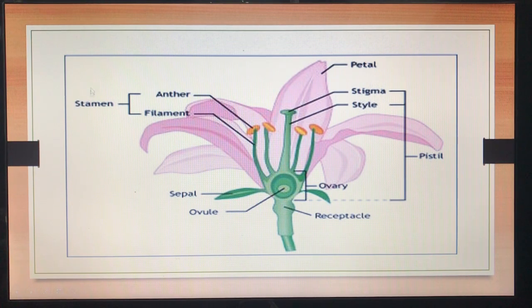And then the male part of the flower, we call it the stamen. Stamen consists of an anther and filament. And then the female part of a flower, we call it a pistil. Pistil consists of stigma, style, and ovary. So in the ovary, we have the ovule.